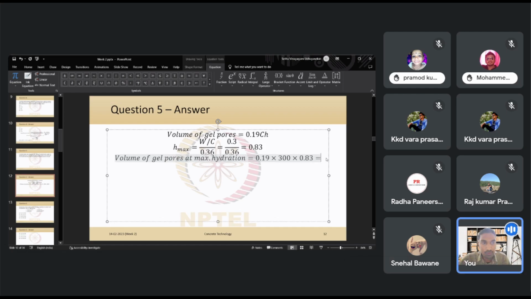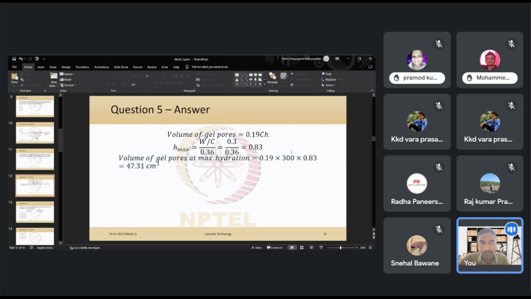So if you calculate it, it will come to around 47.31 centimeter cube, right? So that is the volume of gel pores that will be present when maximum hydration has taken place, right? So when 300 grams with the water to cement ratio of 0.3 hydrates at maximum hydration, there will be 47.31 centimeter cubes of gel pores remaining, right?